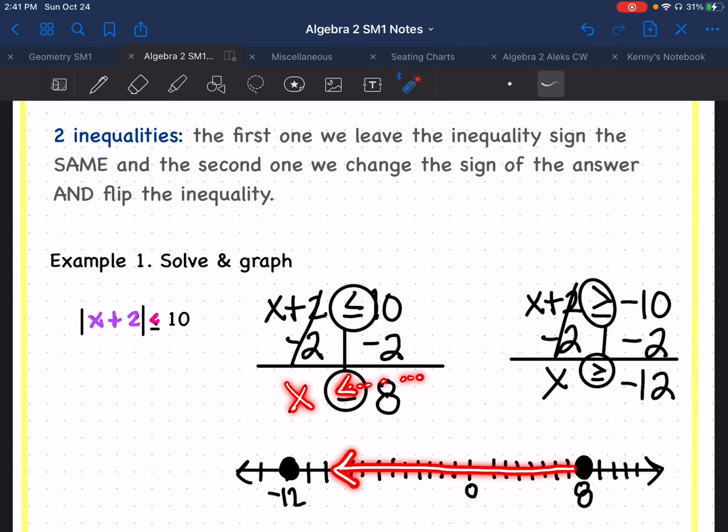Be careful. You can start shading a little bit, but I wouldn't get too crazy with the shading. In fact, let me do 8 in purple. Because this symbol right here is telling me to shade to the left. When I look at the -12, it is telling me to shade to the right.